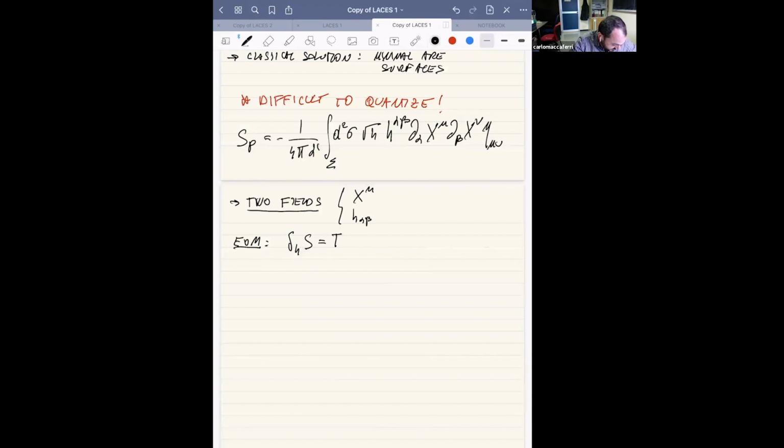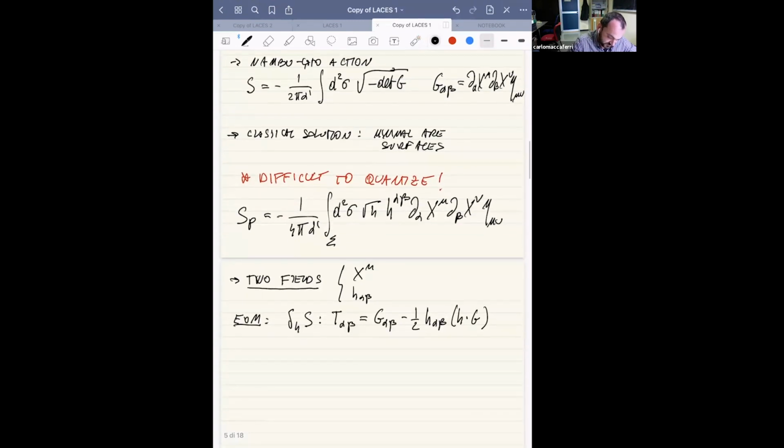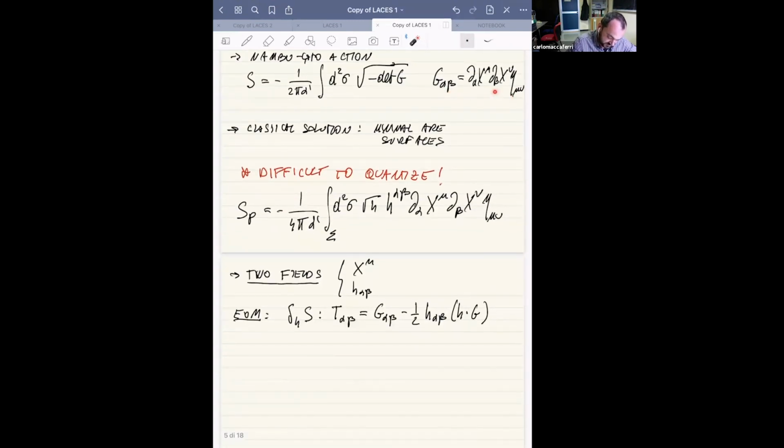So if I vary this, I get as an equation of motion T_αβ, which if you explicitly vary with respect to the metric, you will find is G_αβ minus 1/2 h_αβ times h·G. By this, I mean the full contraction between these rank 2 tensors, where G_αβ is defined here.